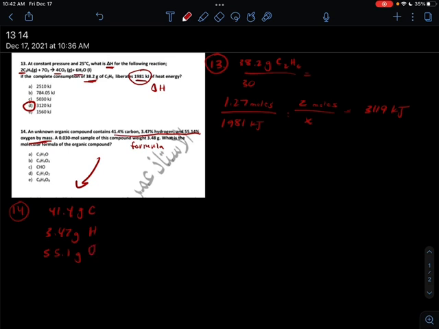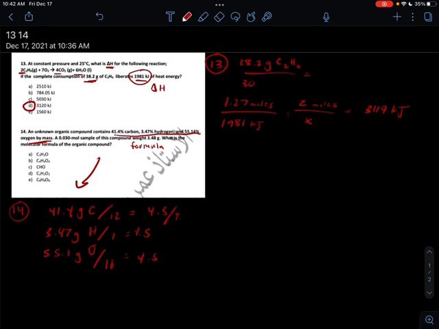Now you can solve this the way you'd solve for percent mass. You divide by the molar mass: divide by 12, divide by 1, divide by 16. And what you're going to get roughly is 4.5, 4.5, 4.5. Now, if these were different numbers, if they were not all roughly the same, you would divide by the lowest one.